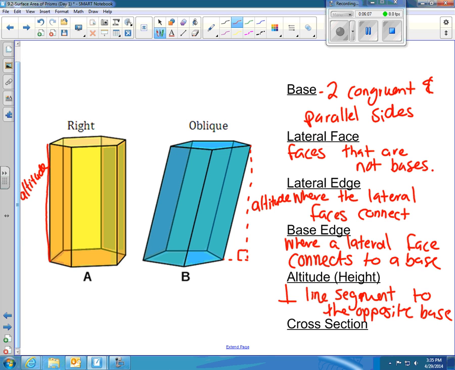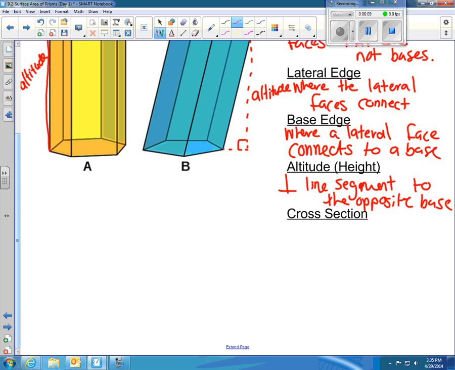And last, we have a cross section. Our cross section is going to be a cutting that's parallel or perpendicular to the base.